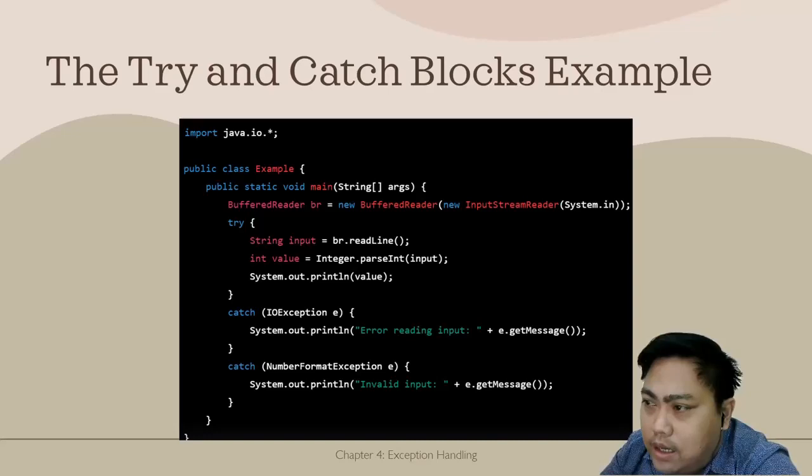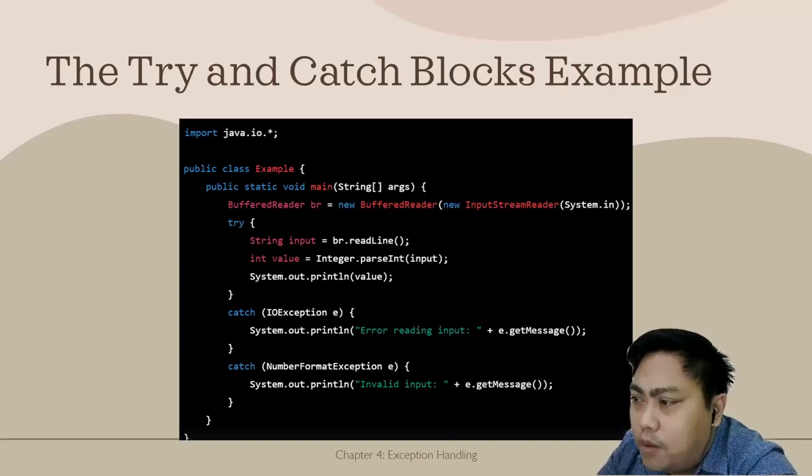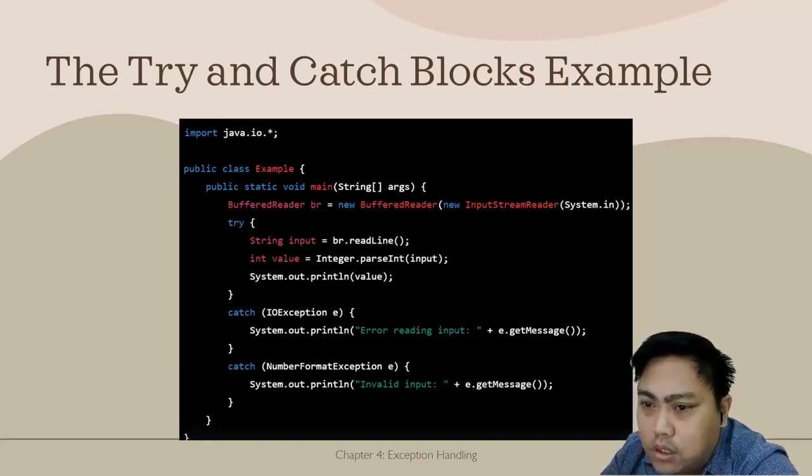We created the two catch blocks, and inside each catch block, we display an error message. This message, error reading input, is displayed with the corresponding message using the getMessage function. In the same way, for the number format exception, we display that the user entered invalid input.